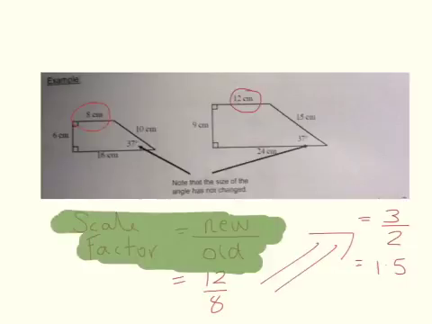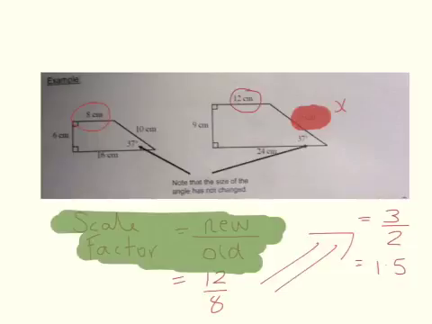So to use our scale factor, we need to be able to apply this formula to calculate it. When we are comparing similar shapes and just focusing on lengths, we need to compare the new size over the old size, and then we can use that to help calculate other missing sides. For example, let's say I did not know this distance here. Let's imagine the question was we wanted to calculate this. Let's say this was called x.